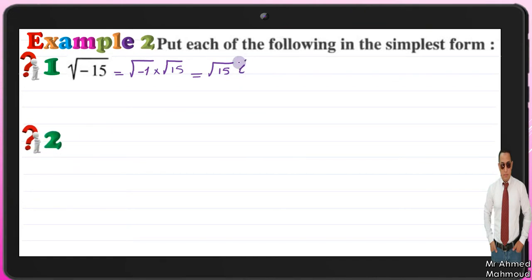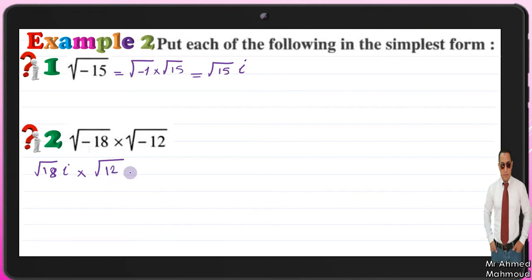The next one, number 2, root negative 18 times root negative 12. Okay, this one equals root 18 i times root 12 i.